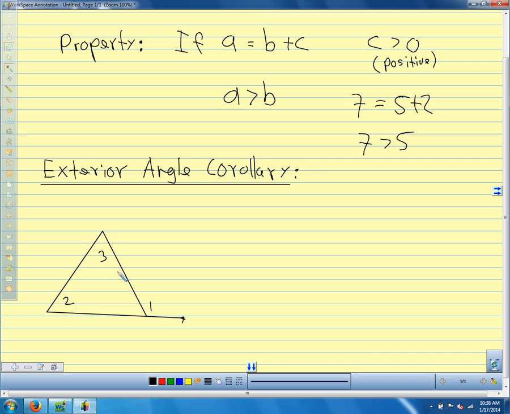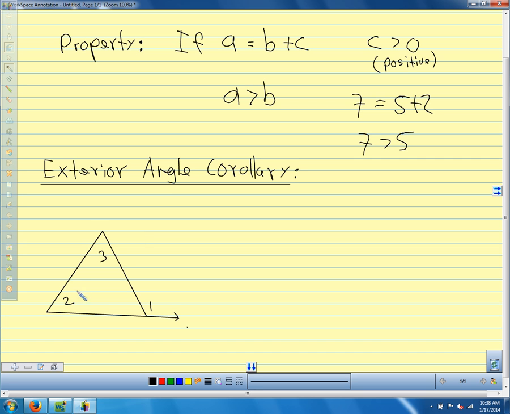Does anyone remember how we said angles 1, 2, and 3 were related? Almost. The 2 and 3 were the same? Yes, that was exactly it.